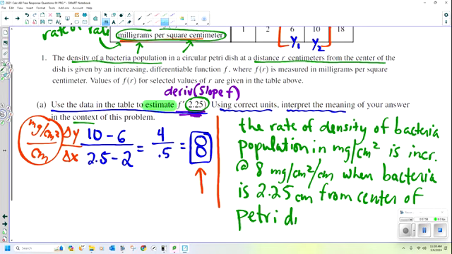Now, this might be overkill, but it is precise and specific and in context. It took a lot longer to write that explanation than it did to actually estimate f prime of 2.25. There you go.